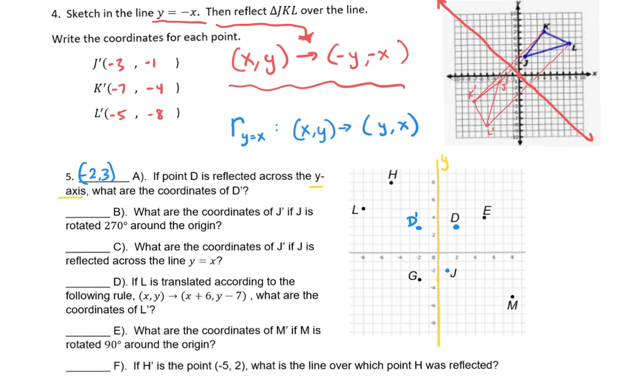So that's going to be 270 degrees, means 3 turns. Okay, so when I do that, 1, 2, 3, I see that J prime is going to be in the 3rd quadrant. Whenever I turn my iPad 3 turns, J prime ended up right here.